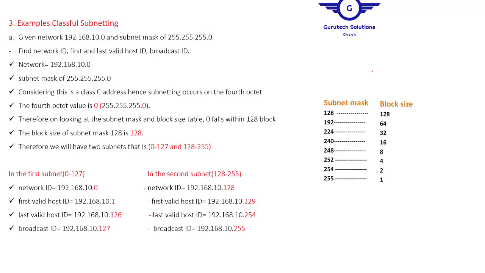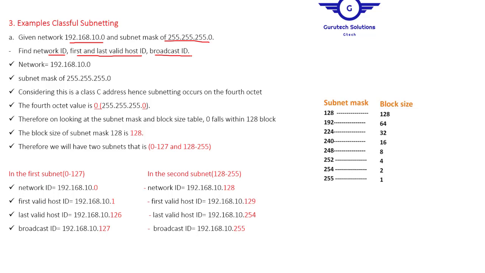Example of a classful subnetting. So, for example, you've been given this network and this subnet mask, and you're being told to find a network ID, first and last valid host ID, and the broadcast ID. First of all, I'll explain.